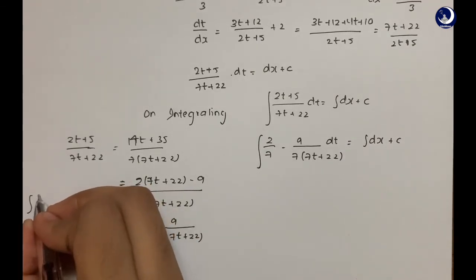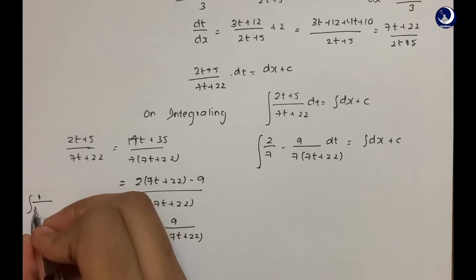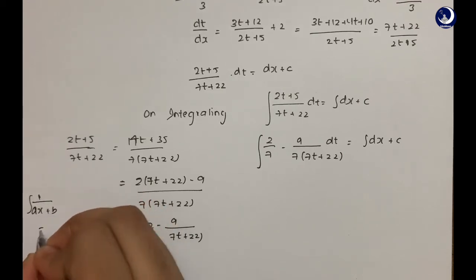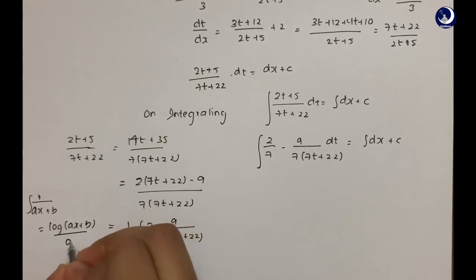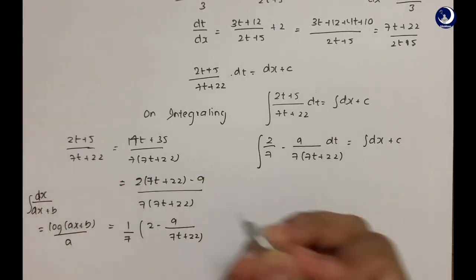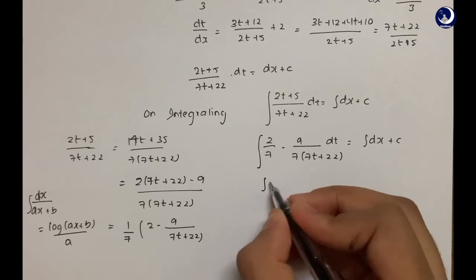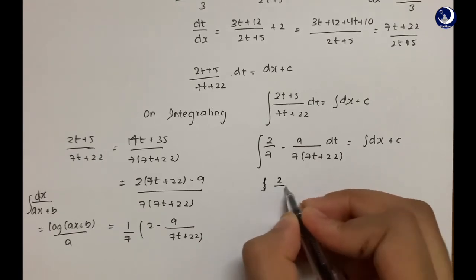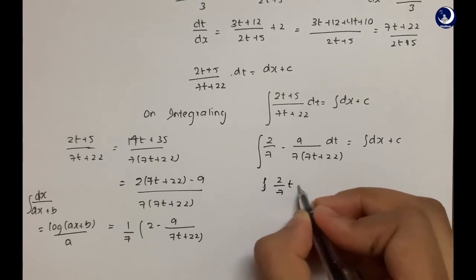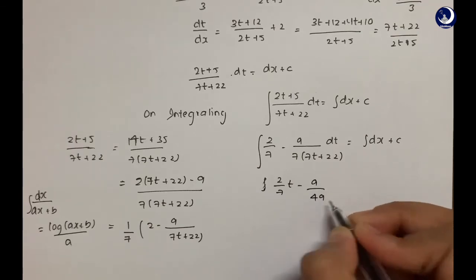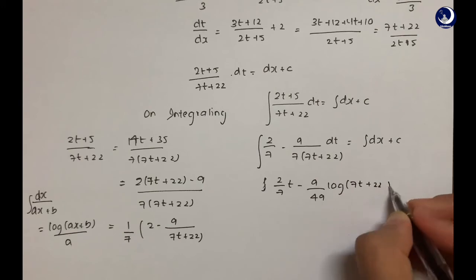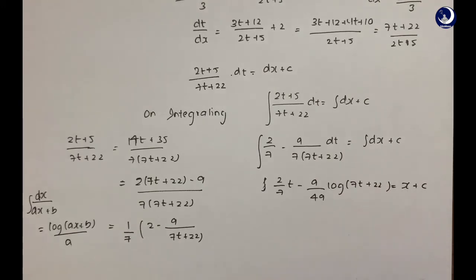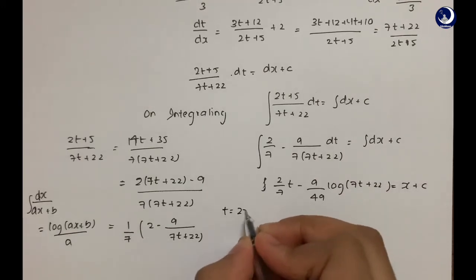Integral of 1 by (ax plus b) equal to log of (ax plus b) by a. Substitute t value, that is 2x plus 3y.